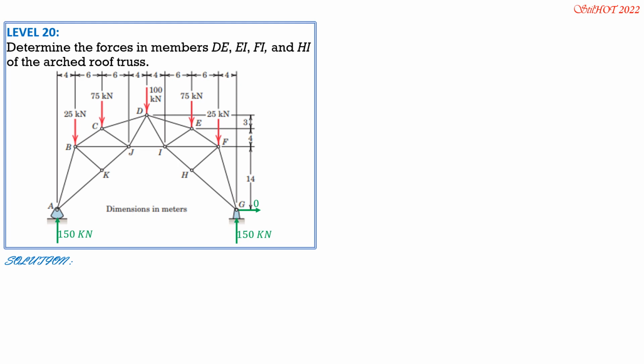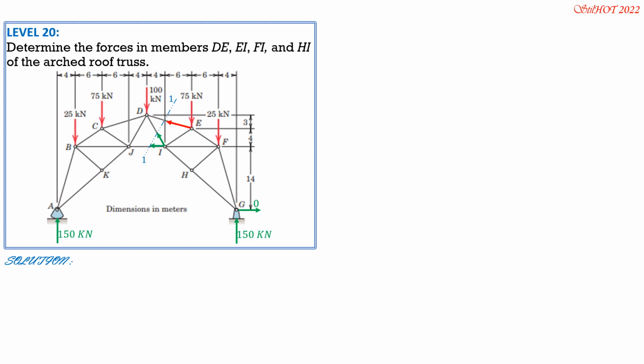So first, let's solve DE by introducing this section 1-1 and considering forces to the right. We put the forces in tension for the cut members, red for the required, then green for the not required.